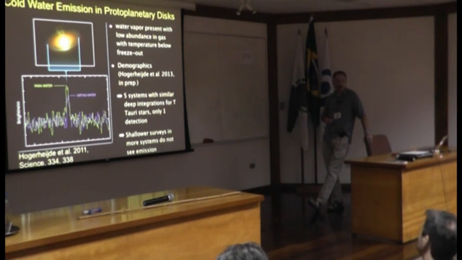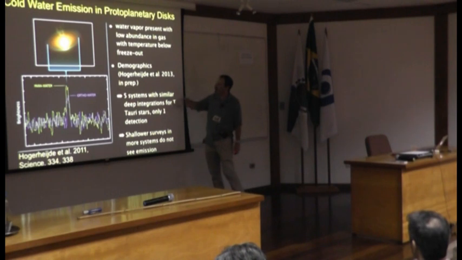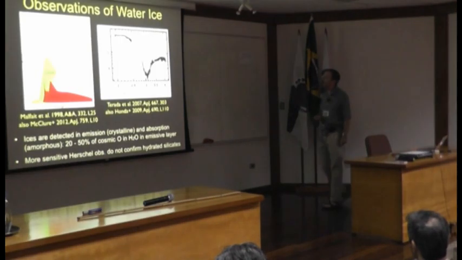And it's present, but it's present in a very tenuous amount, very small amount of water, hinting that, again, the water is mostly as ice. And our demographics are such that we only have one detection in the 5 systems where we did a very deep integration, and lots of our shallower surveys did not detect this line.